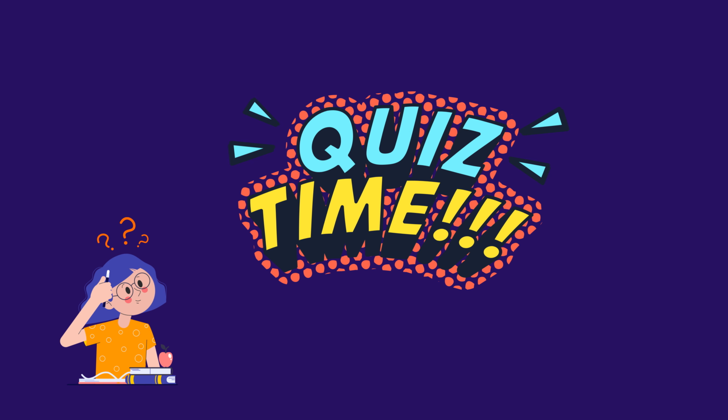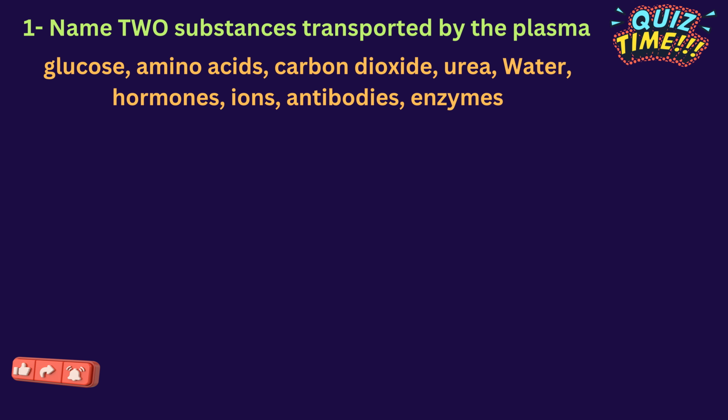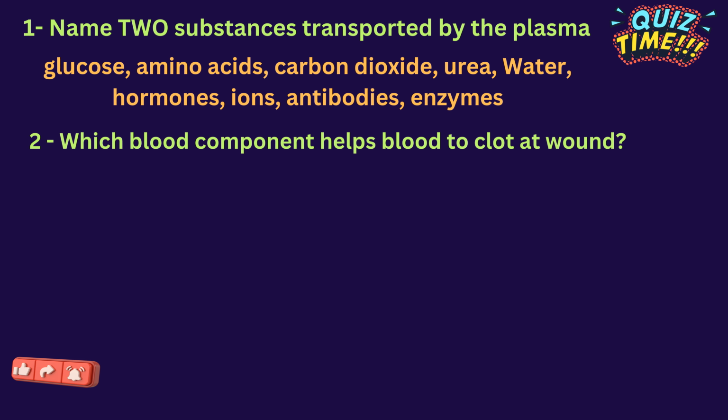Good? Quiz time. So let's see how much you can remember or how much you have learned from what we went through just now. So first question, name two substances transported by the plasma. Very good. If you said any of these, very good. Number two, which blood component helps blood to clot at a wound?